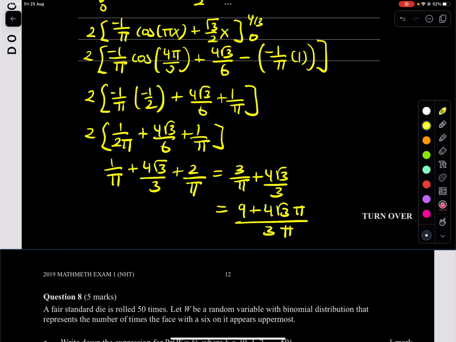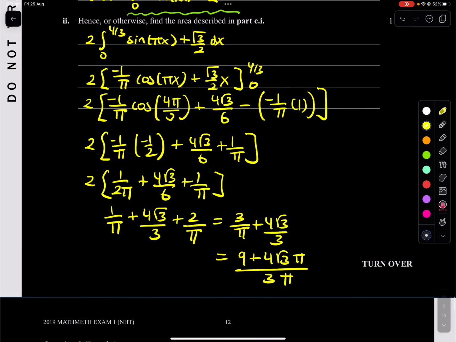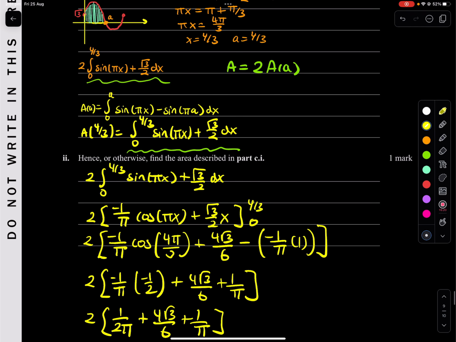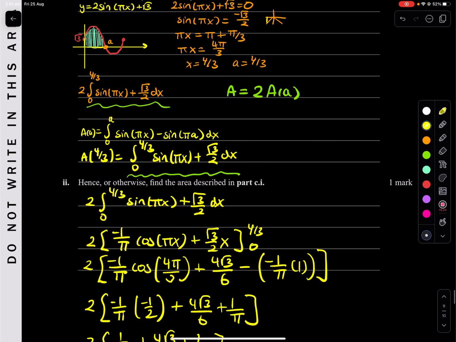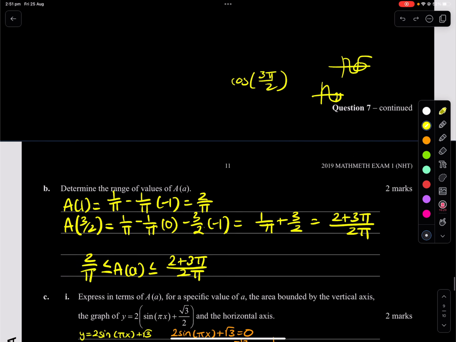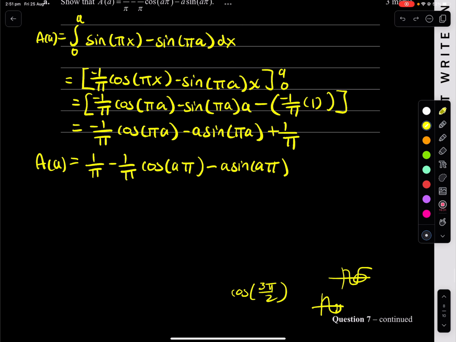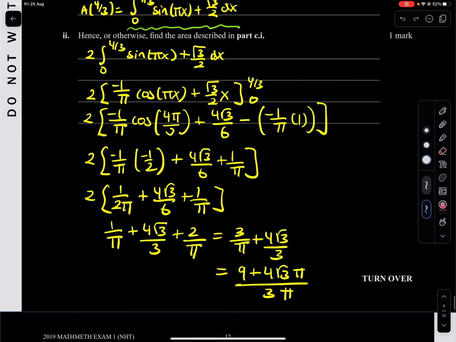If I've done a mistake. 1 mark, and I did all of that. Was I supposed to do some other way that was quicker? Okay, if we knew that this was twice the area of that. Okay, yeah, should be that.